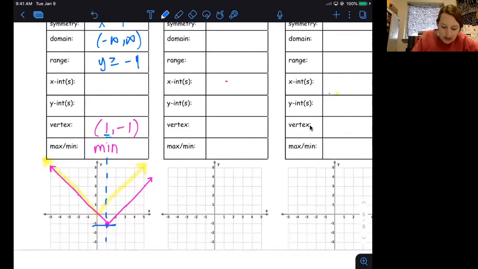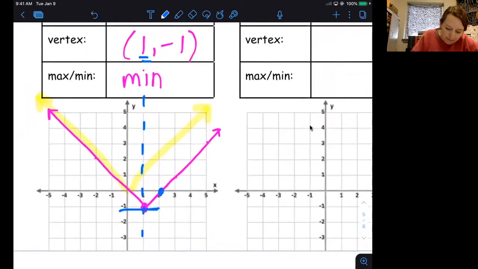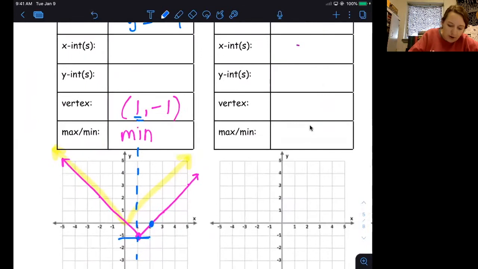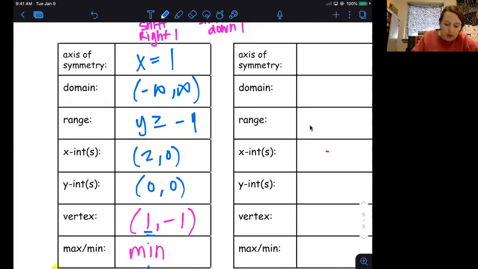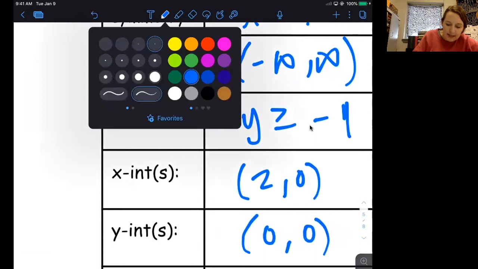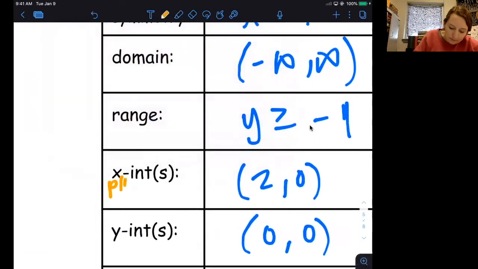Okay, we can see our x-intercept on this graph is at 2, 0. That's where we cross the x-axis. And my y-intercept is right here at the point 0, 0. Now, they're not always going to lie on exact points. So if we wanted to calculate our x-intercept by hand, you plug in a 0 for y.